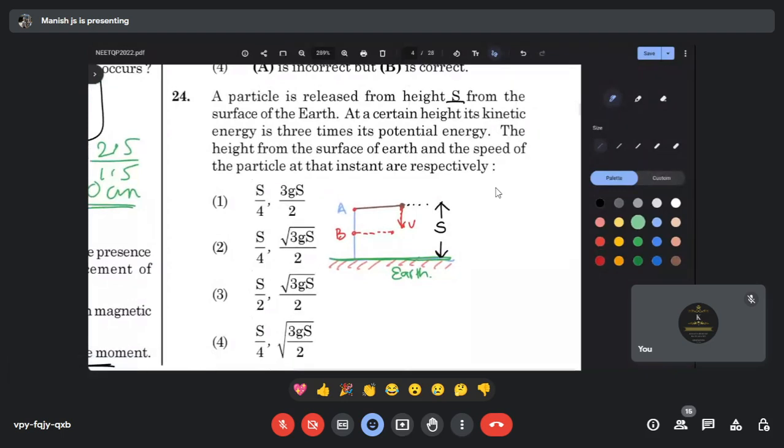The question doesn't give this height, so let's take that certain height as H. At that height, kinetic energy is 3 times its potential energy. That is the relationship. So at a height H above the earth, kinetic energy is equal to 3 times potential energy.